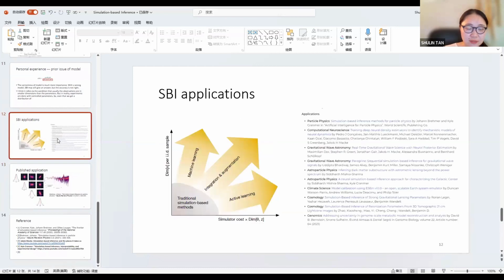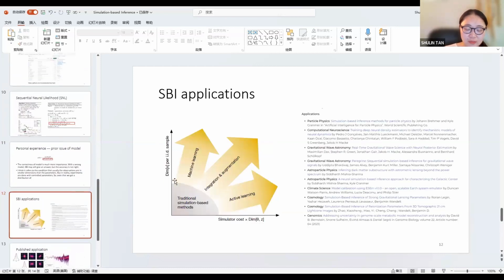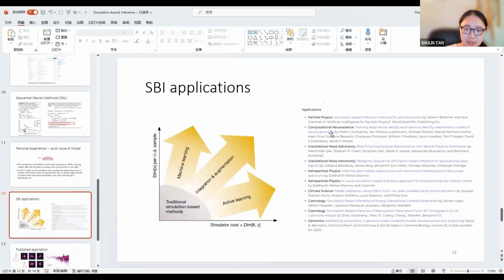And so for the applications in SBI, so far there are applications in particle physics and neuroscience. I read one of the papers in neuroscience where they tried this method to infer the parameters.